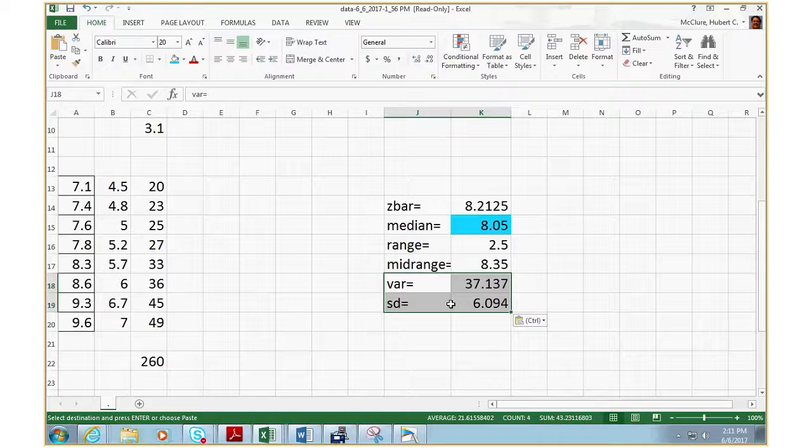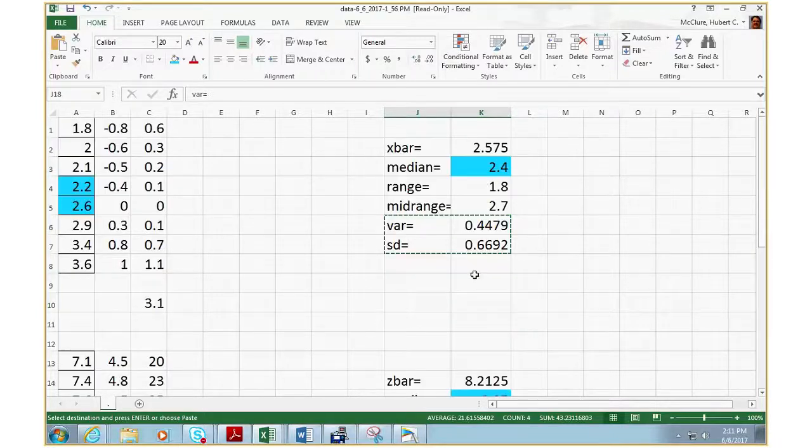The standard deviation says that this is more spread out than what? This one. So which set of data is the best data? The first set. And I think that's what they're going to ask you. But we'll look back and see what it says.